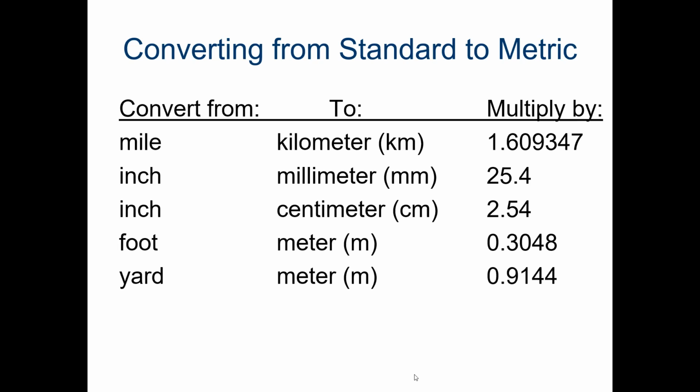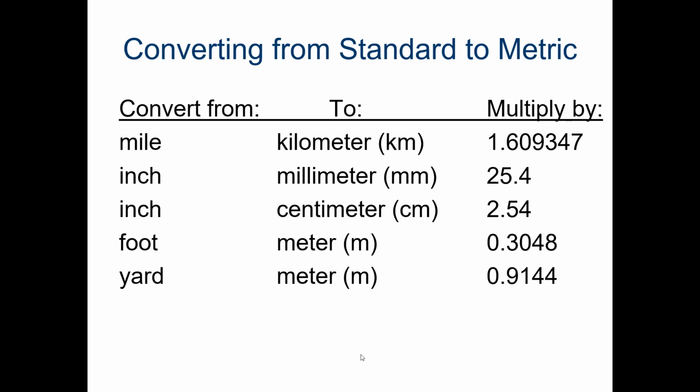But you're not going to have to do this a whole lot, and if you do, you'll have this chart. So 1 mile is actually equivalent to 1.6 kilometers. That's why if you're going 60 miles an hour, you're going something like 90 kilometers per hour.